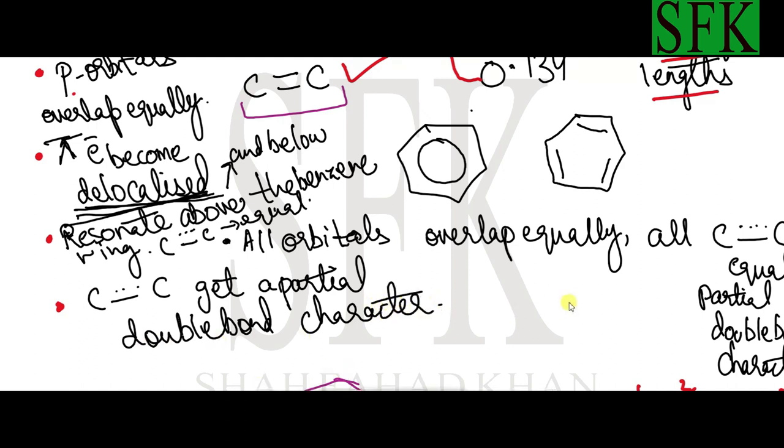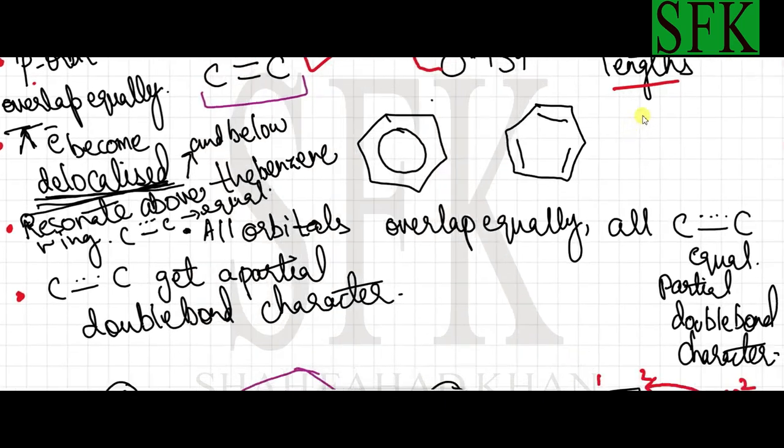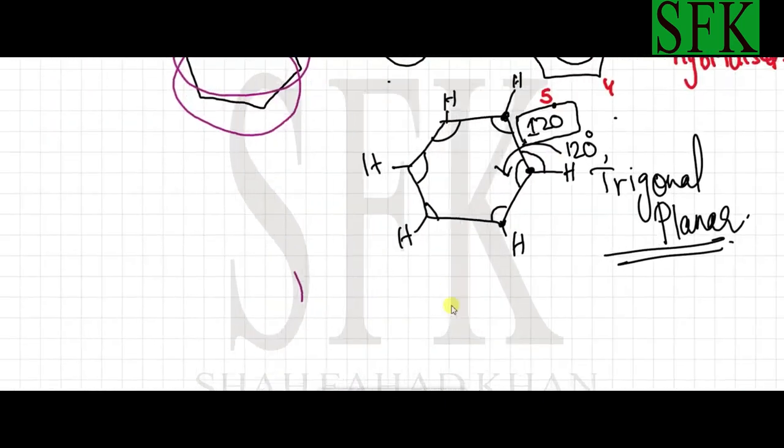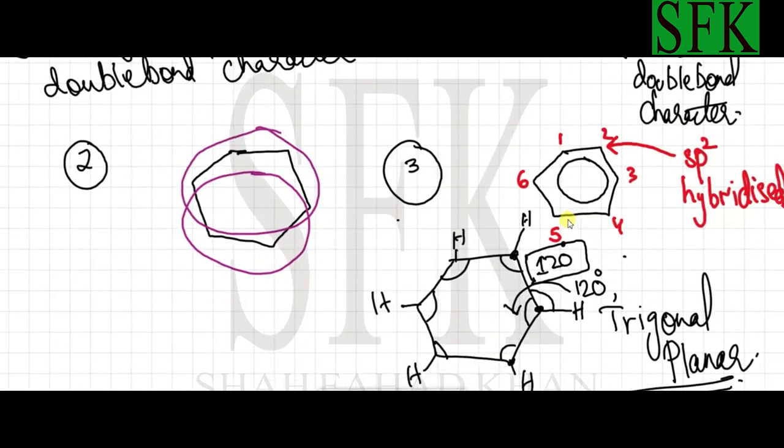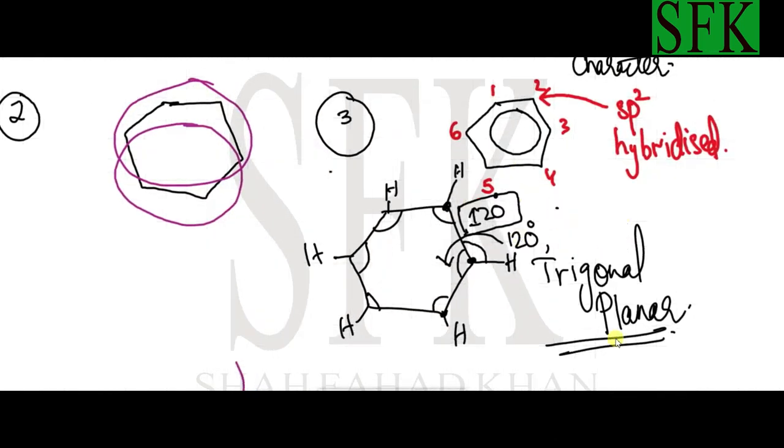Okay guys, so that's it on the structure of benzene and on the resonance hybrids of benzene. Yeah, these values are also important: the bond angles, the shape of benzene, which is trigonal planar, and the hybridization of carbon atoms.